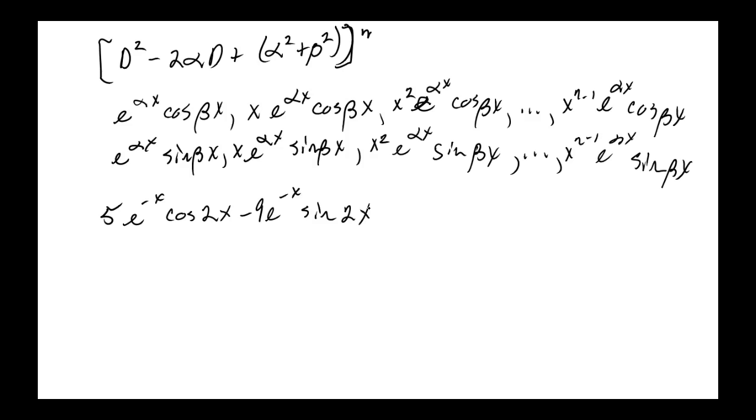Guess what? It's going to be an operator that looks a lot like this one. Let's see if we can figure out what that's going to be. D squared minus 2 alpha D, now what's your alpha here? It's minus 1. So that's going to be plus 2D, plus alpha squared, that would just be 1, plus beta squared. Your beta here is 2. So 1 plus 4 is 5.